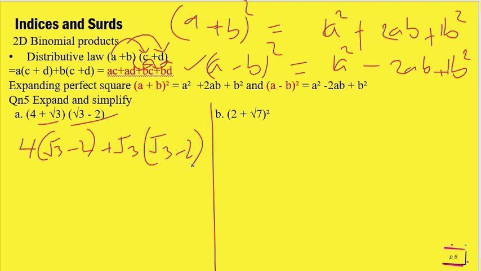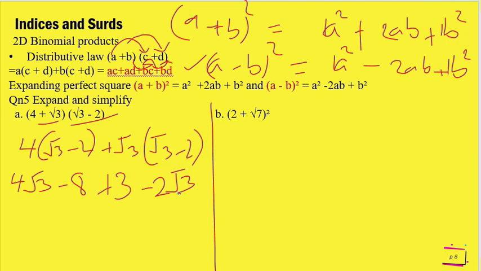Removing the brackets, we get 4 root 3 minus 4 multiplied by 2, that is minus 8, then plus root 3 multiplied by root 3, that is root 3 squared, which is 3, then root 3 multiplied by minus 2, that is minus 2 root 3.